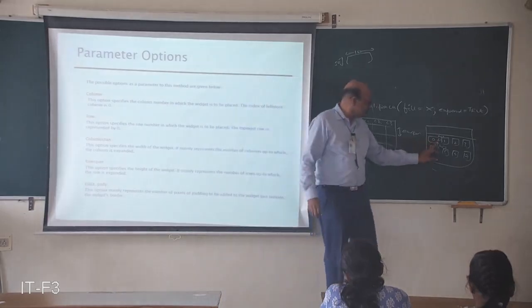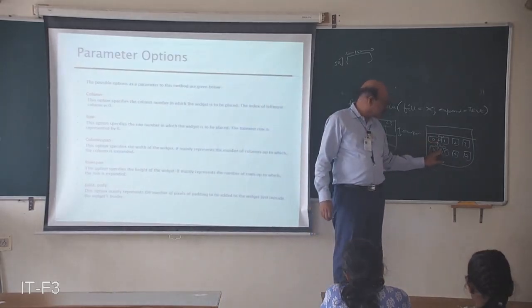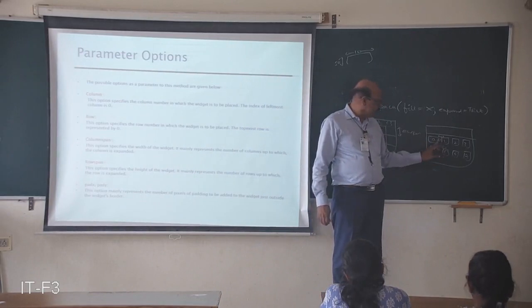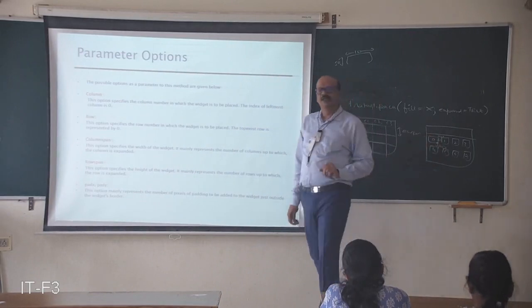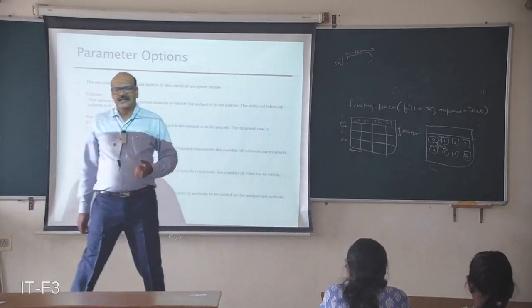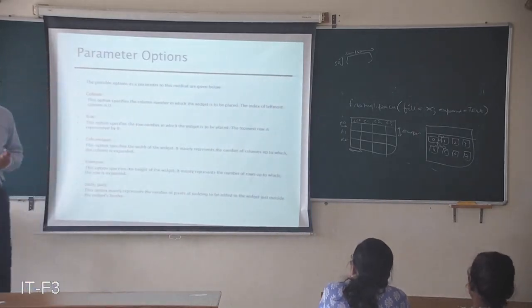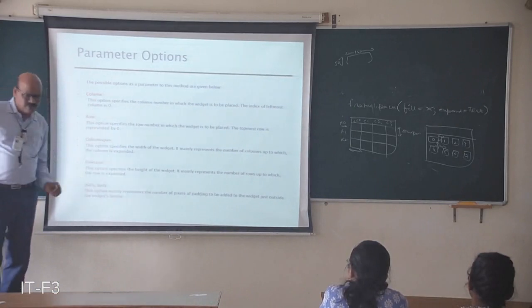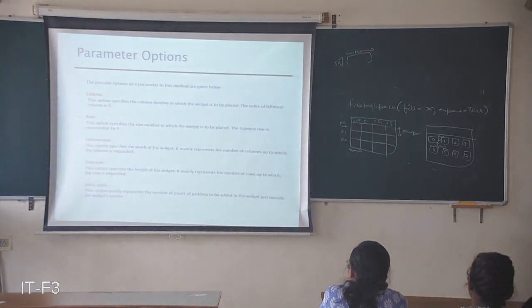Between two rows, if you want to have some space, you can specify it using pad y. And between two columns, you can set it using the pad x option. So these are the five options that are available.